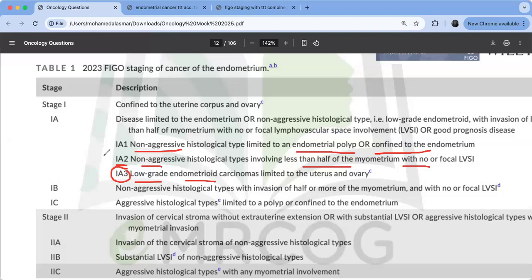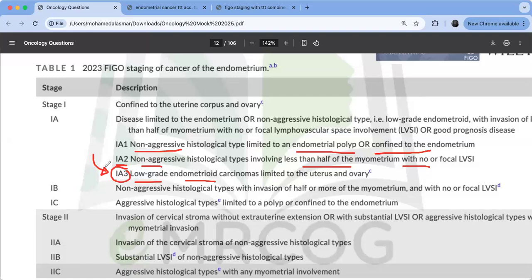So this is special. When you see endometrioid nowadays, you will say 1A3 if it is limited to the uterus and ovary. It doesn't matter if it's 30%, 50%, or more than 50%. Since it's only limited to the uterus and ovary, not spreading anywhere else, then it's 1A3 because it's endometrioid.